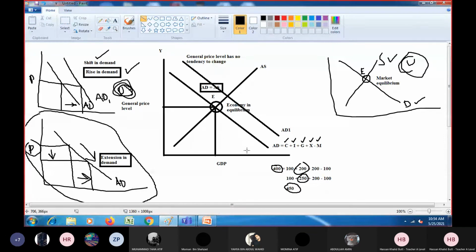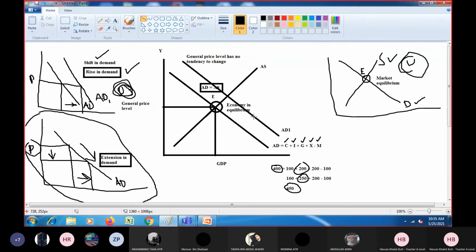Although they would not ask you to draw the diagram of aggregate demand and supply, because that actually happens in A levels, they may give you the aggregate demand and supply diagram. So you have to identify there as well. So that's why I'm drawing it.